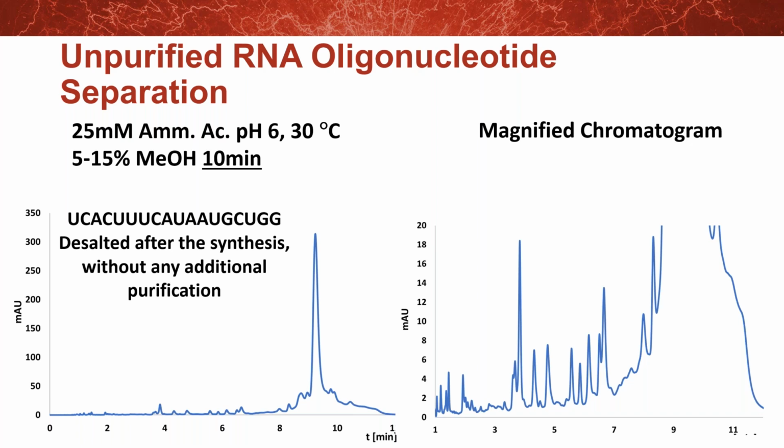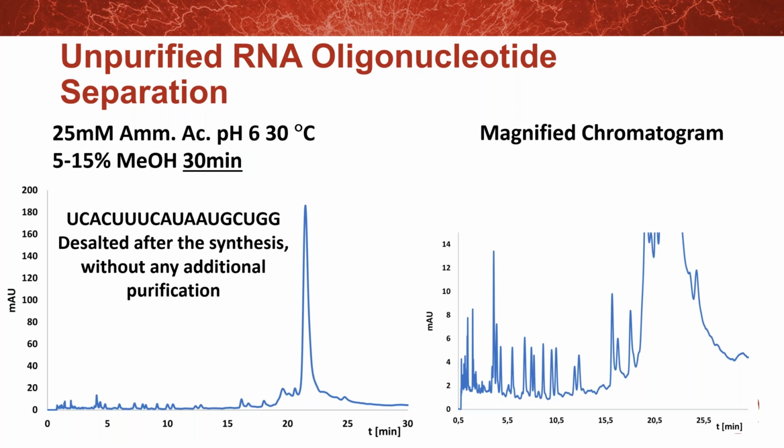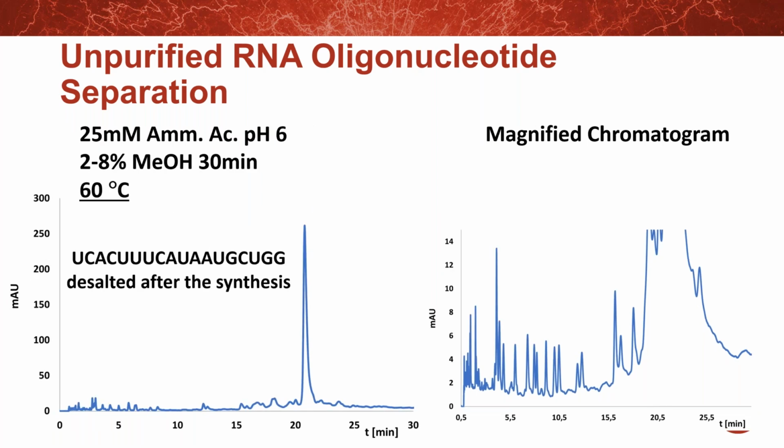And then again, we see that here with the unpurified RNA oligonucleotides. You zoom in and you can really start seeing how much the column is retaining for these compounds that would normally either not retain with just salt or coelute.